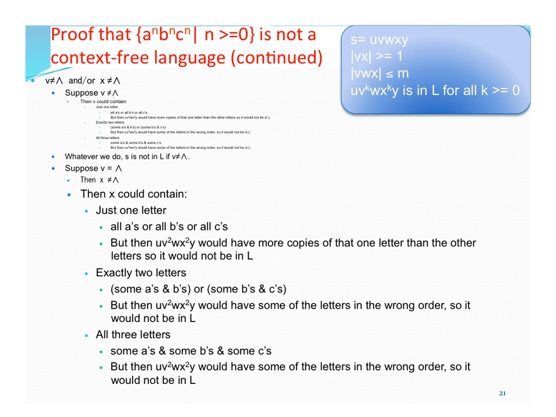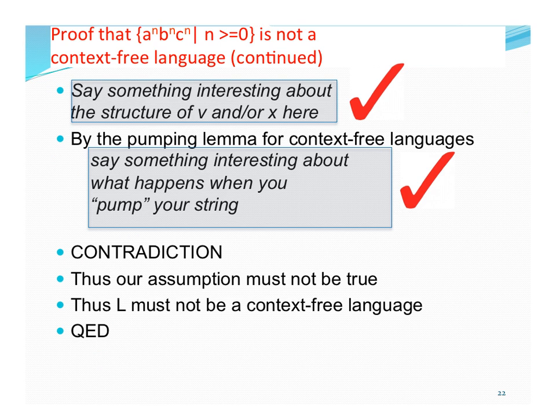We've said that V could be lambda, but of course it can't, because then X wouldn't be lambda and we'd have all this stuff. It still wouldn't work. So here's where we are in our proof outline, right? We've been saying interesting things about the structure of V and X and what happens when you pump your string, right? So now we just need to wrap up.